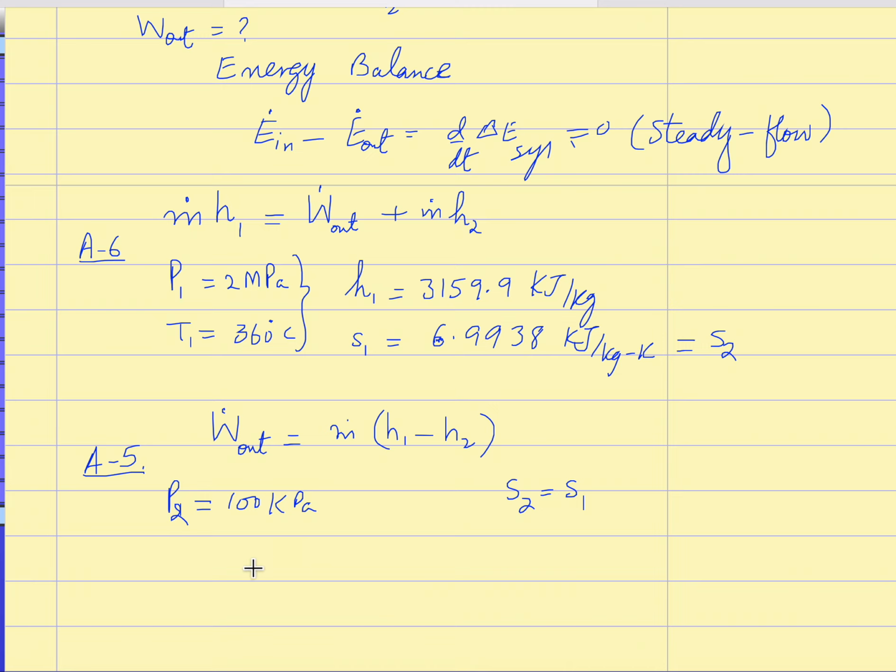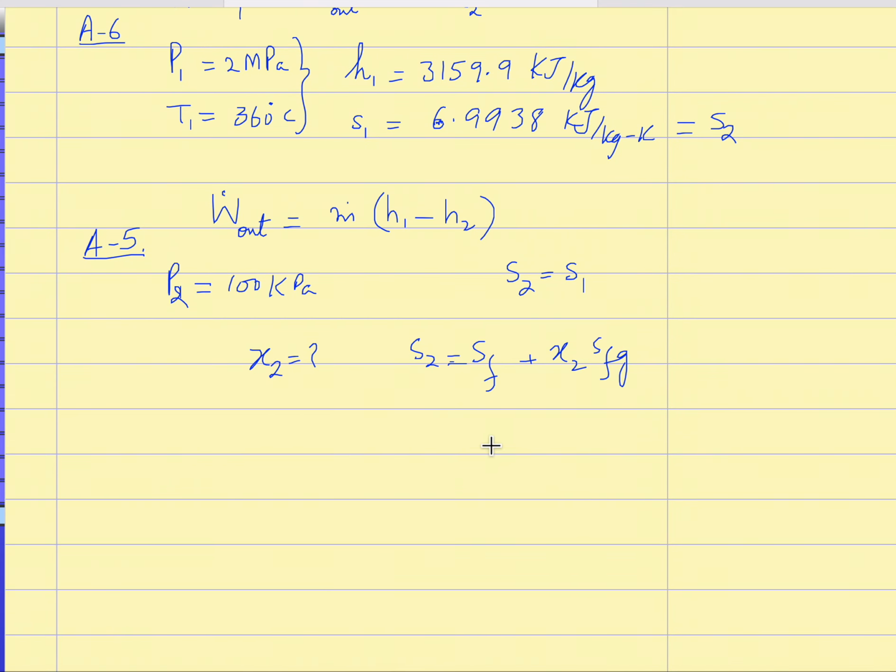So can you find out x2? We know that x2 can be found from s2, which is sf plus x2 sfg. Table A5 will help us to find out x2, which is equal to 0.9397.